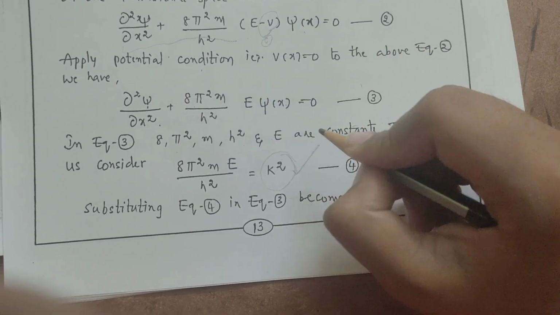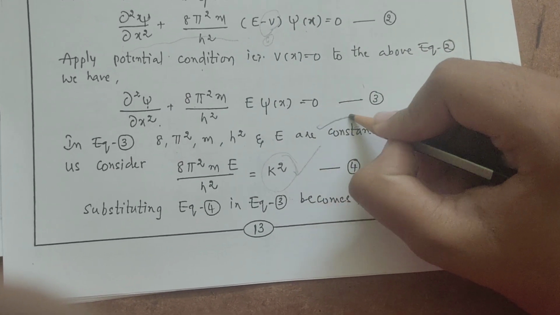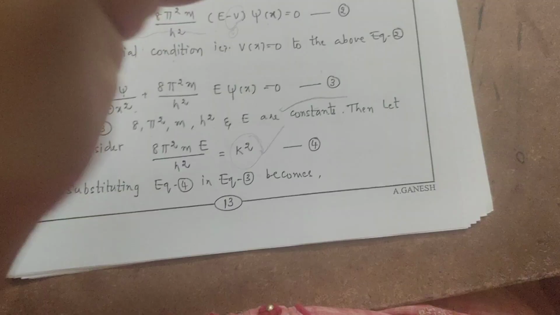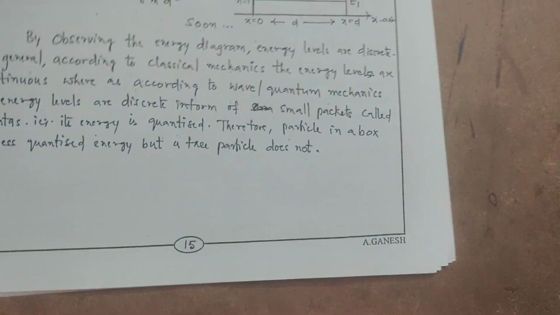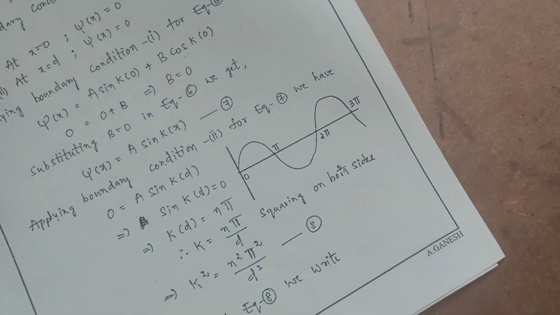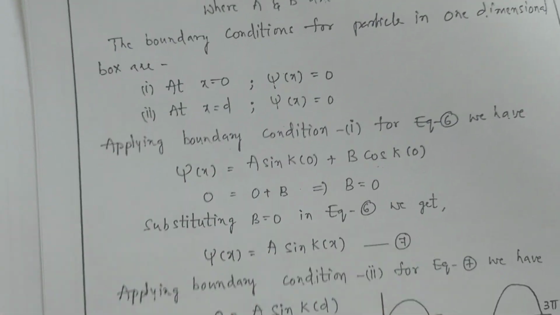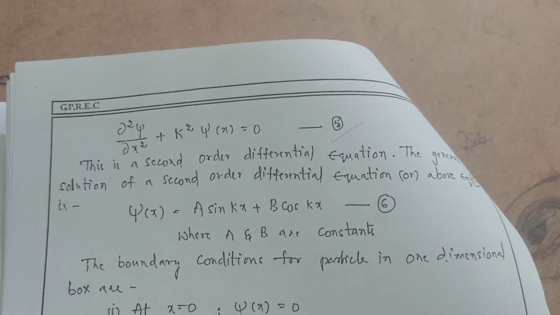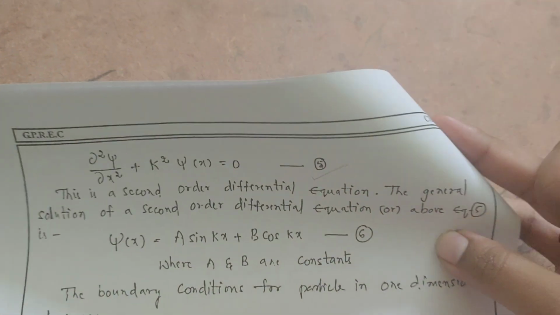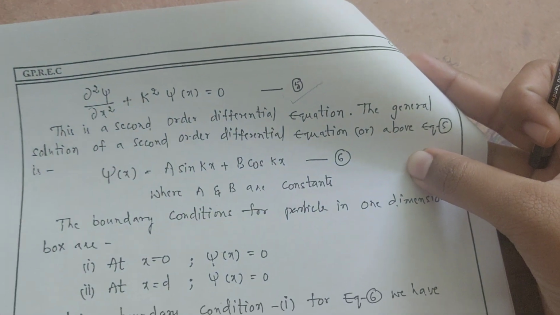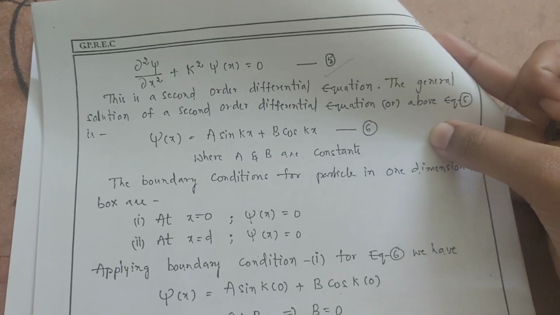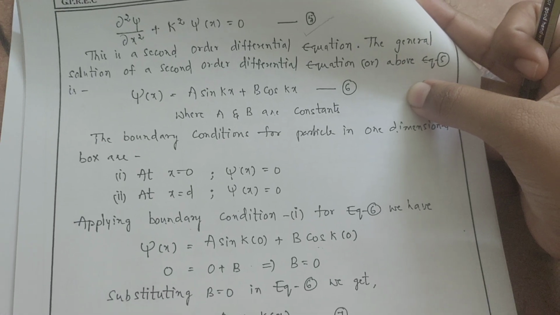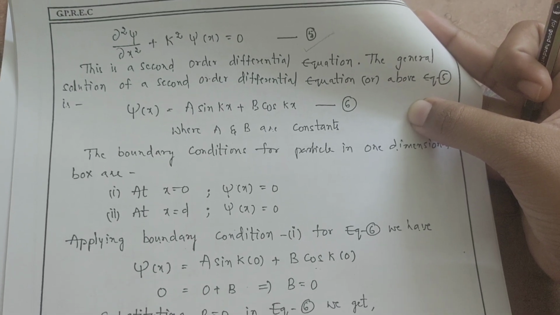We substitute equation number 4 in equation number 3. After substituting, we get this equation, which is equation number 5. This is a second order differential equation, as we can see from the del square.